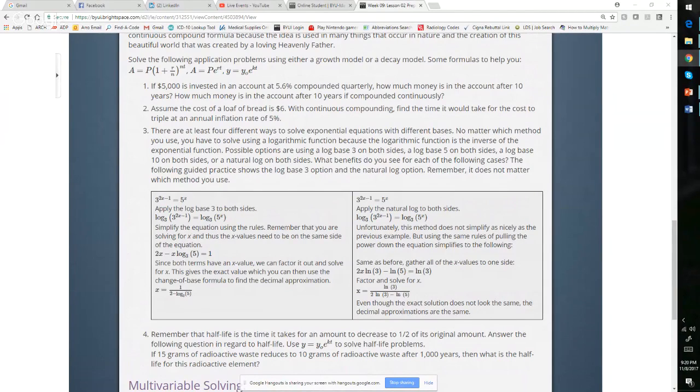So this first one was $8,753.70. The principal money invested was $5,000 at an account rate of 5.6%, which as a decimal becomes 0.056.